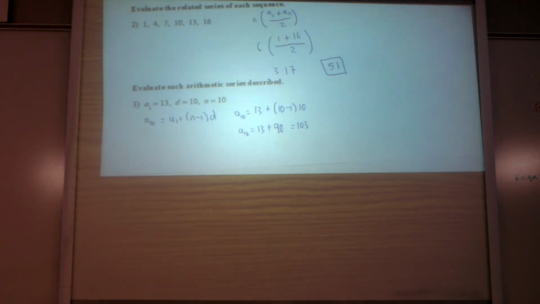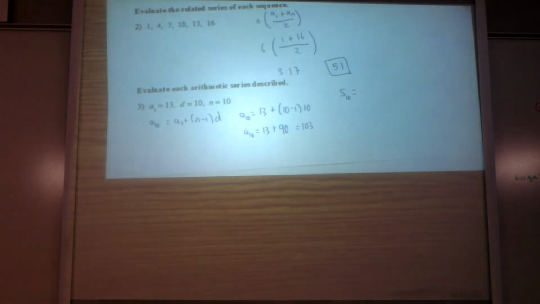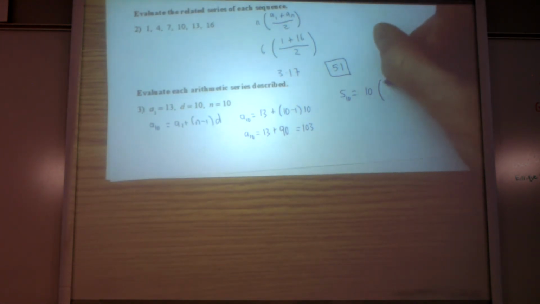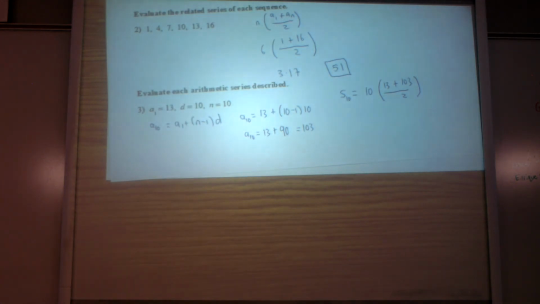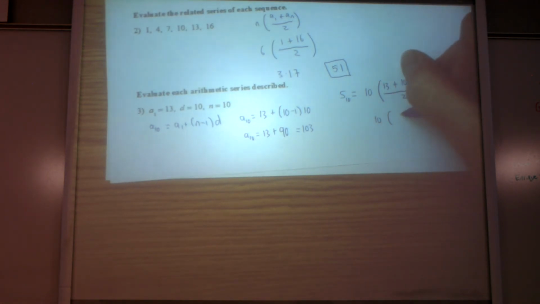Now that we have that, we can go ahead and plug that into our series formula and say the sum of these 10 terms is going to be n, which is 10. We're going to take our first term plus our last term and then divide it by 2. So if we were to go through and do this, 13 plus 103 is, what is that?